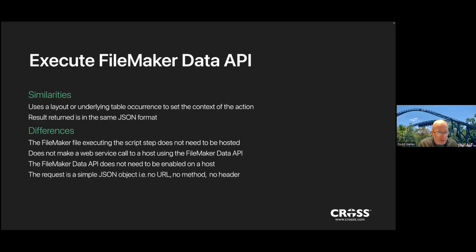And one of the biggest differences is that the request is a simple JSON object. There is no endpoint URL, no method, and no header. Everything is just in your JSON object that is the parameter fed into the script step that tells it what it's going to do.